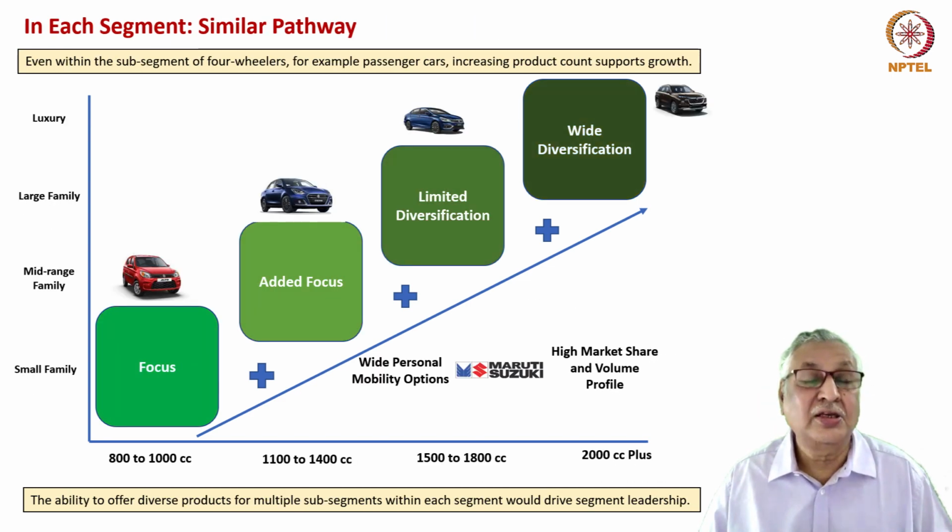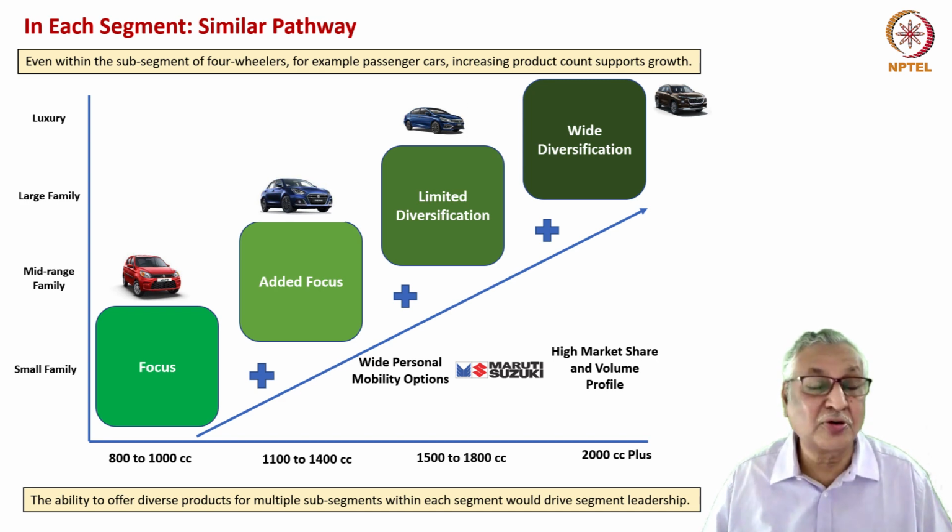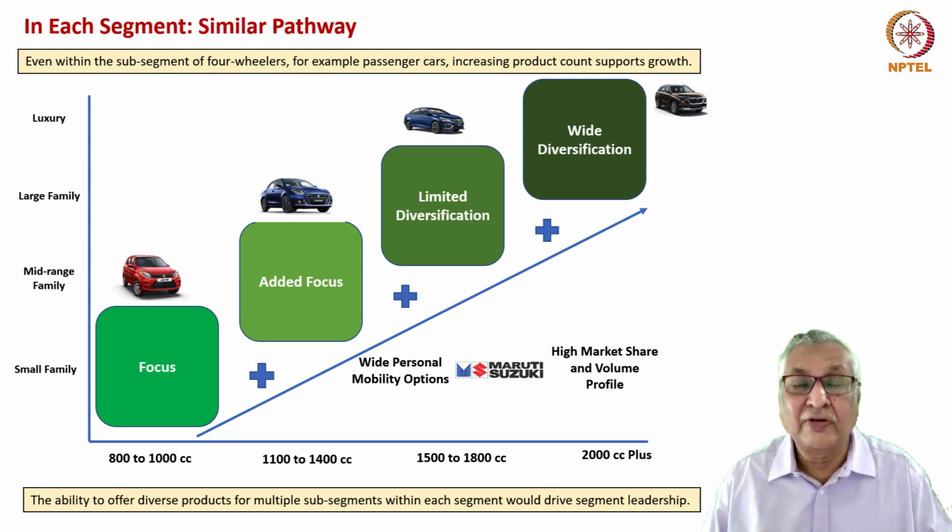Similarly, when you look at the passenger car segment alone, you can find similar pathway. Even within the subsegment of four-wheelers, for example, passenger cars, increasing product count supports growth, and it has been also evidenced in respect of Maruti Suzuki, the largest passenger car manufacturer in India. You can look at the passenger car portfolio divided in terms of the engine capacity: 800 to 1000 cc, 1100 to 1400 cc, 1500 to 1800 cc, and 2000 cc plus.